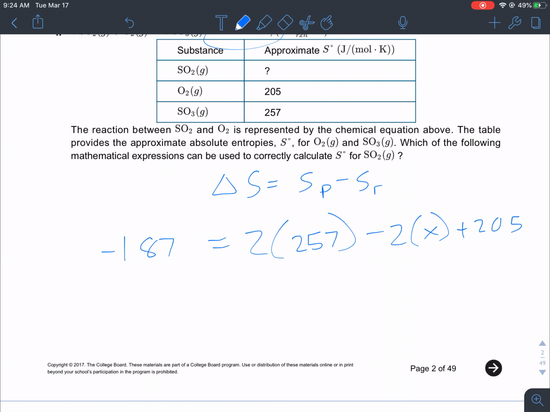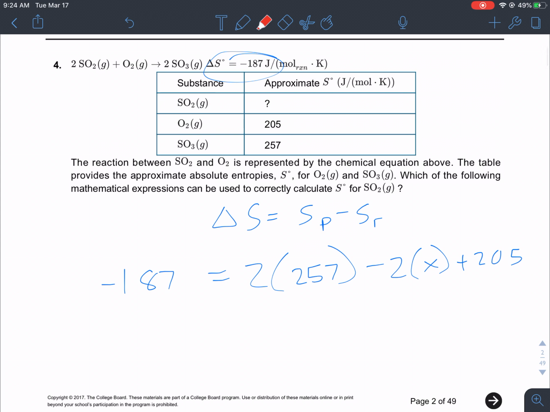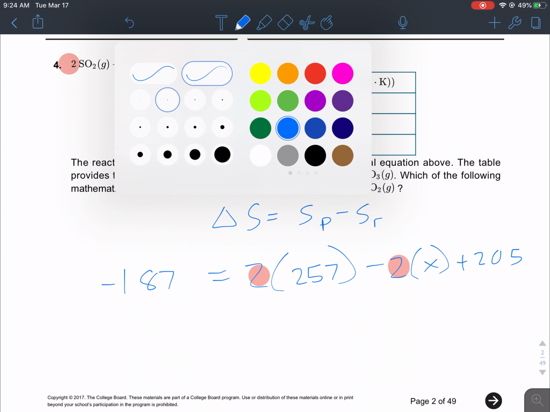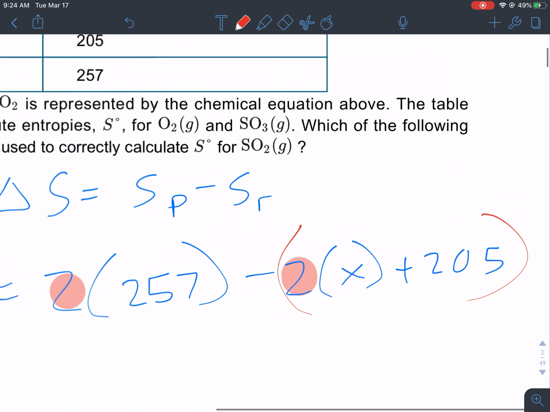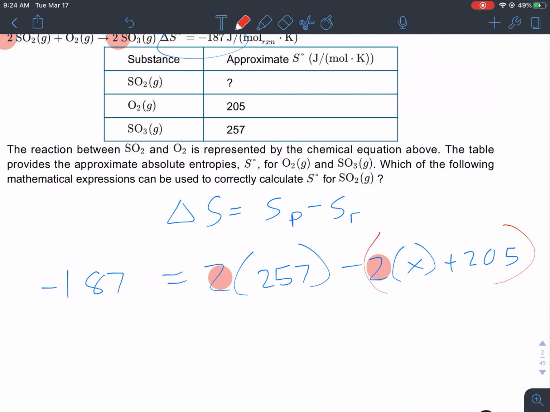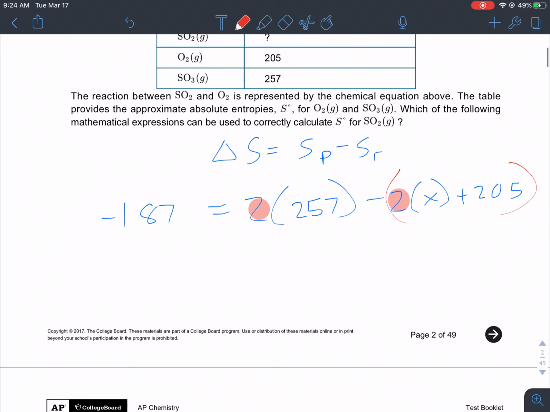Okay. Look, where did I get these 2's from? Right here and here. They are from the coefficients right here and there. Now, remember, I just did something that I really shouldn't have done. Remember, right here, this is all of the reactants. I should have put that in parentheses. So the entropy of the reactants has to be in parentheses so that you make sure that you're subtracting both of the reactants.